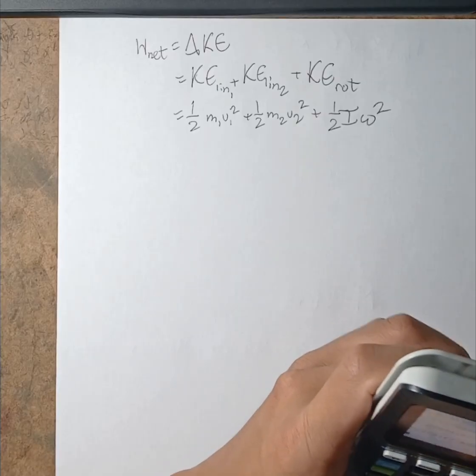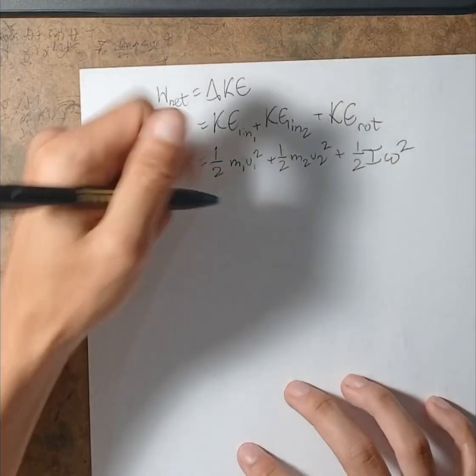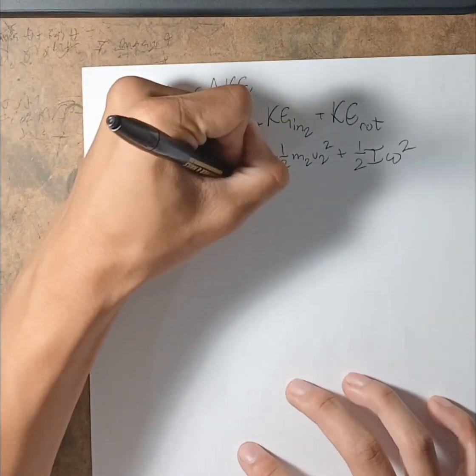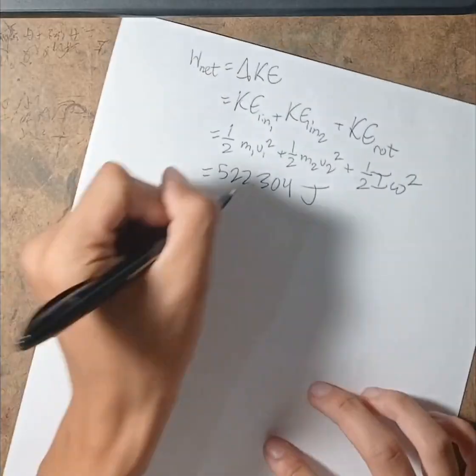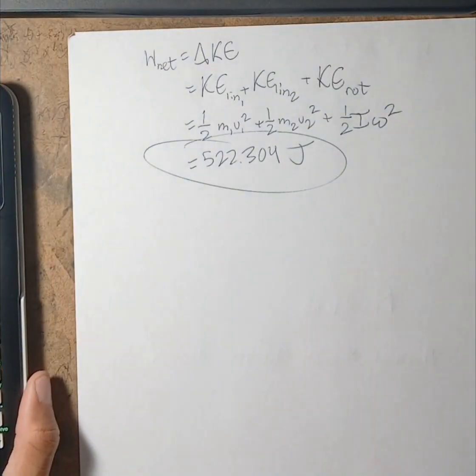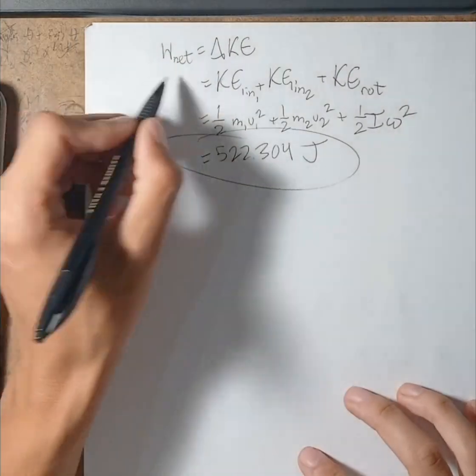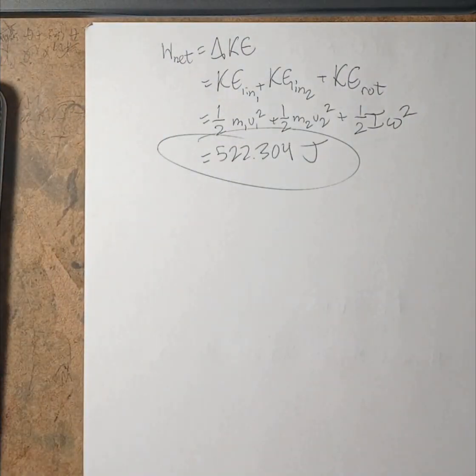And we get 522.304 joules for the kinetic energy of the whole system at the end of 5 seconds, which is equal to the net work done at that point because there's no initial kinetic energy.